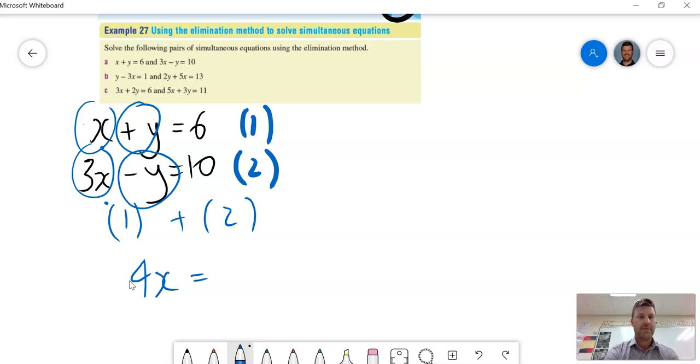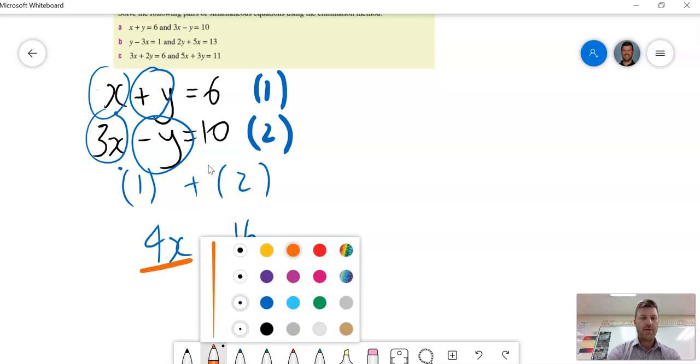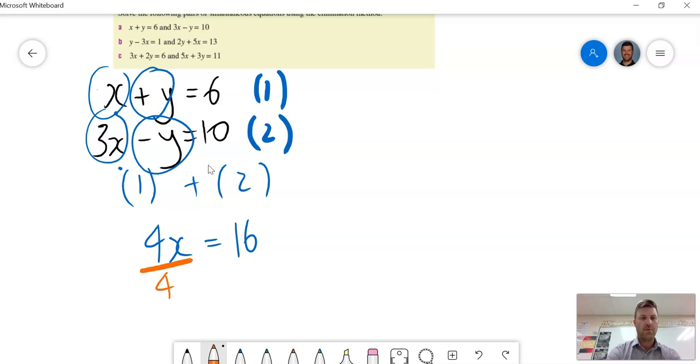Then I'm left with 6 plus 10, which gives me 16. And to solve from there, it's literally just a matter of dividing by 4 on both sides. Okay, and I'm left with x equals 16 divided by 4, which is 4.